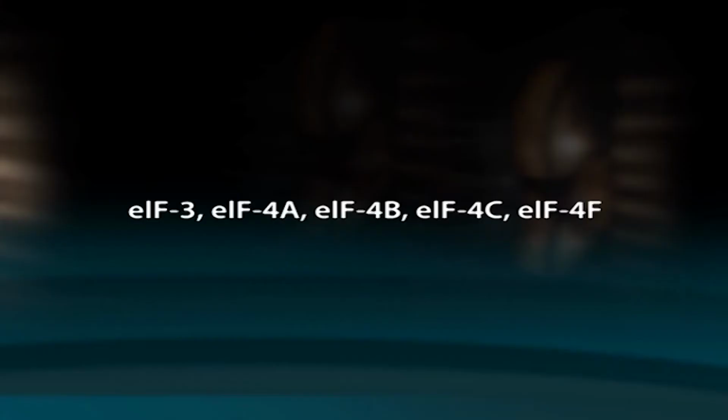Then initiation factors. Eukaryotes use many initiation factors for starting the process of translation. The important eukaryotic initiation factors are eIF3, eIF4A, eIF4B, eIF4C and eIF4F, in which e means eukaryotic and IF means initiation factors. 40S ribosomal subunit.